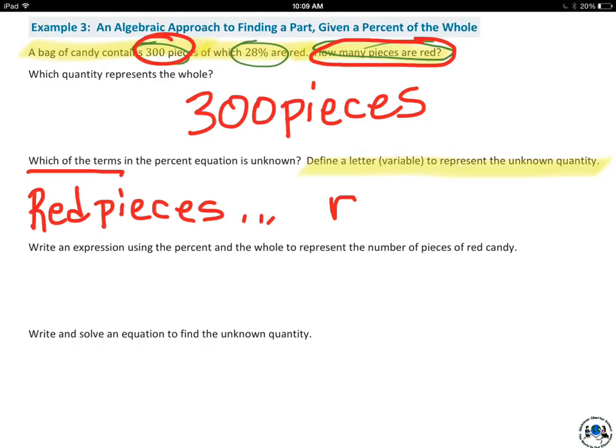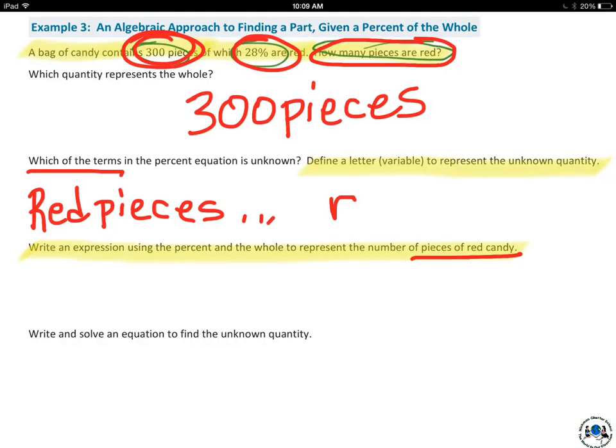Now they're asking us to write an expression using the percent and the whole to represent the number of pieces of red candy. An expression, again, is not an equation. It's going to represent the pieces of red candy, which is R, because R is going to be equal to 28% of 300.